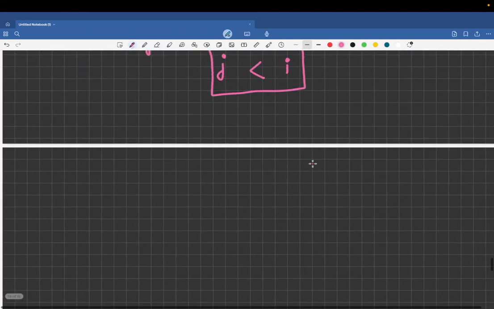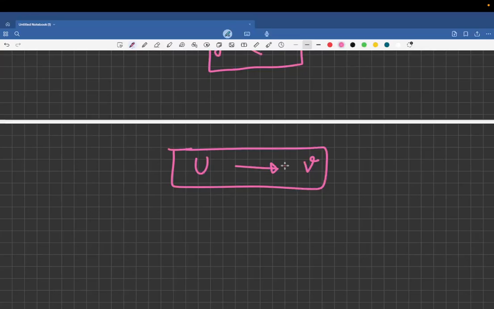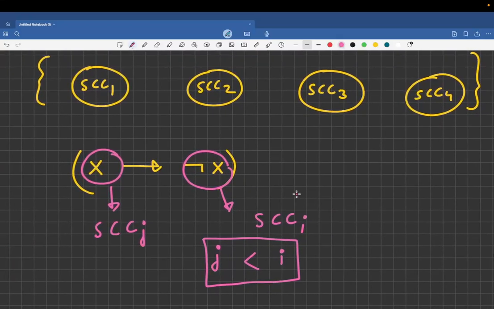Because what happens in strongly connected components, if you have an edge from u to v and these are not part of the same strongly connected component, then first you will get the strongly connected component for u, and after that you get the strongly connected component for v. This will happen because we arrange it in decreasing order of t out time; we take the maximum t out time of all the nodes, and then we do the topological sorting.